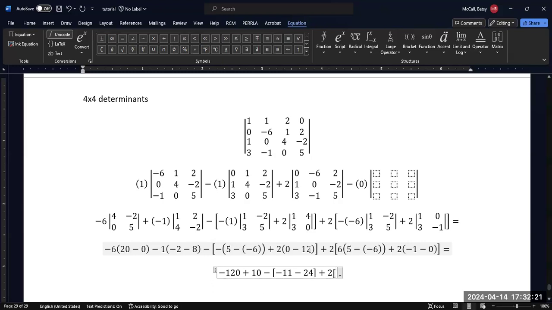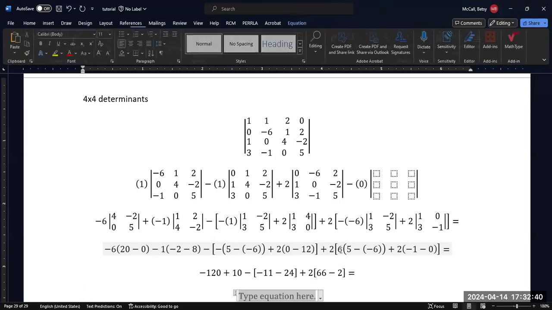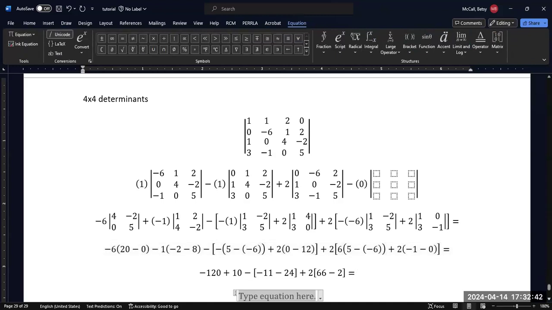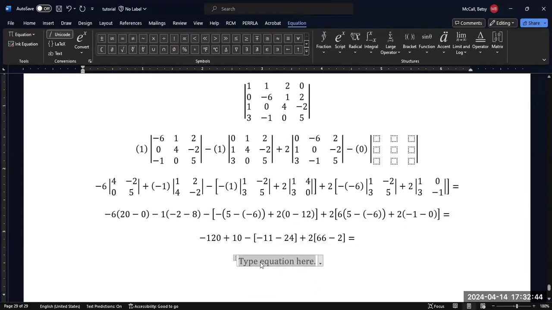And then 2 times, so 5 minus a -6 is 11. 5 plus 6 times 6, 66, plus 2 times -1 is just going to give me -2. So -110.